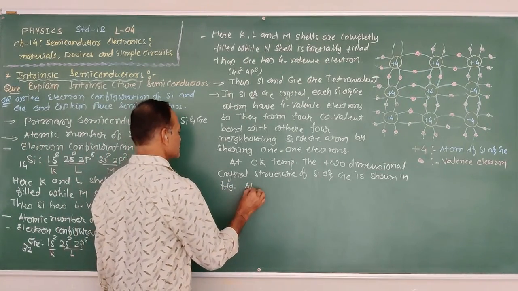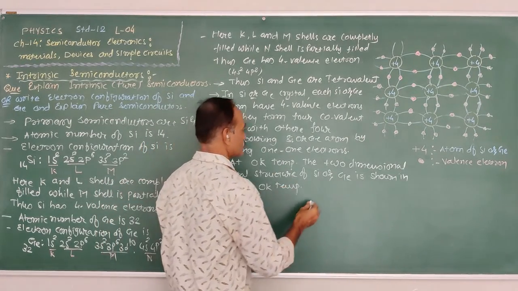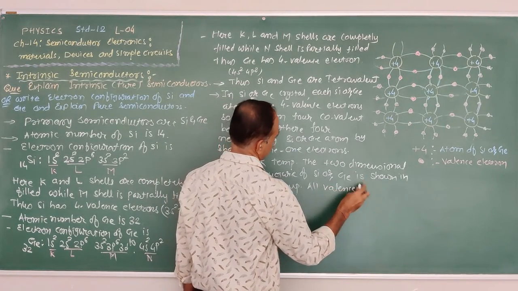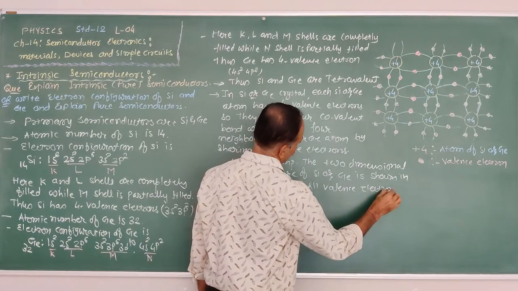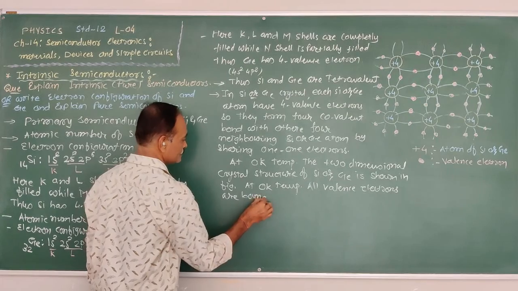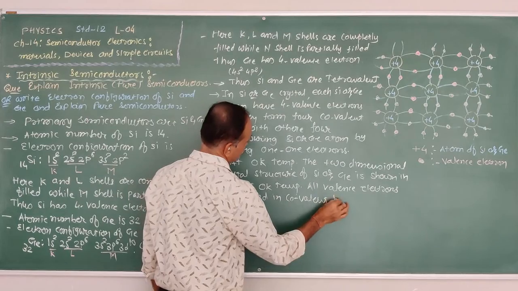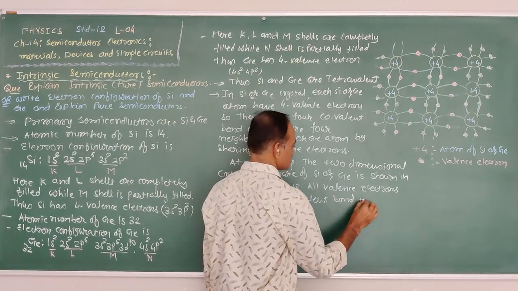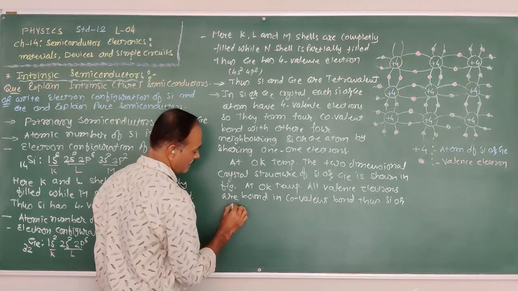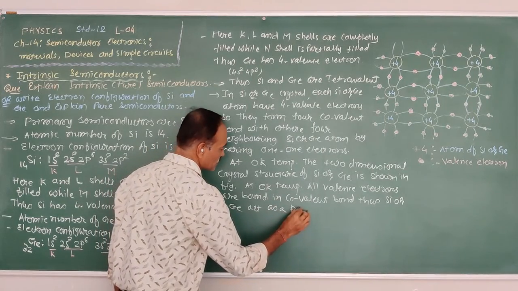At 0 Kelvin temperature, all valence electrons are bound in covalent bonds. Thus, silicon or germanium acts as a perfect insulator.